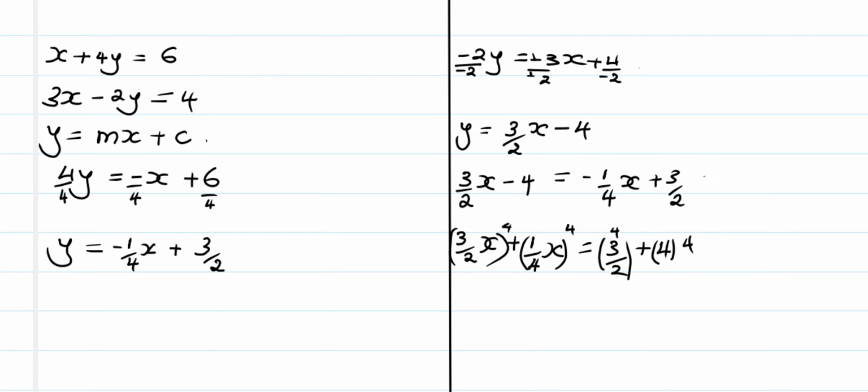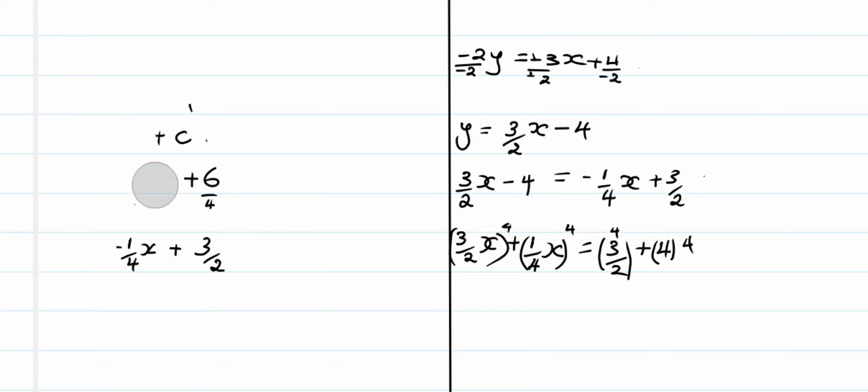Let me delete this part here so that I can repeat doing the question here. So now I have 3 over 2x multiplied by 4: 4 divided by 2 is 2, so it will be 3 multiplied by 2, which is 6x.